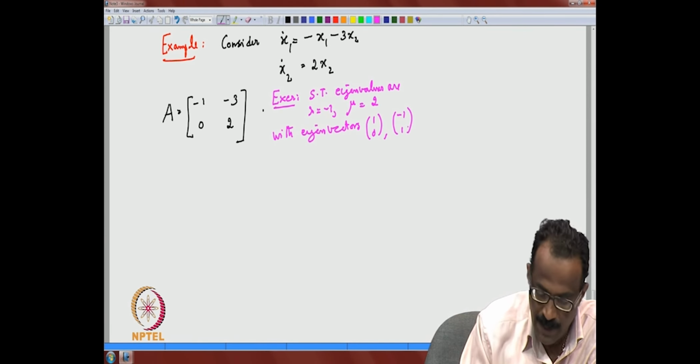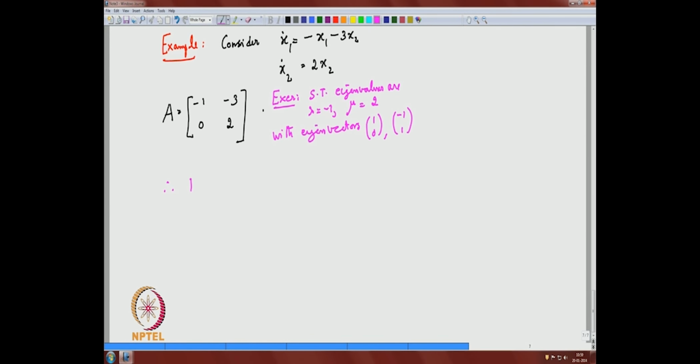Therefore, the matrix P which converts to a linear equivalent matrix, because these are two distinct eigenvalues, is immediately 1 0 minus 1 1.